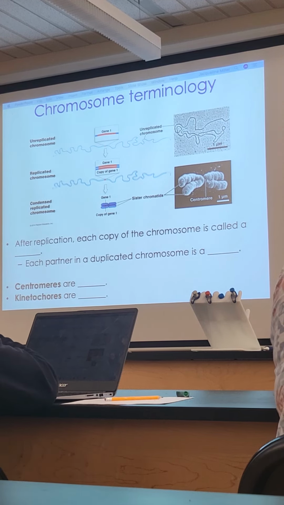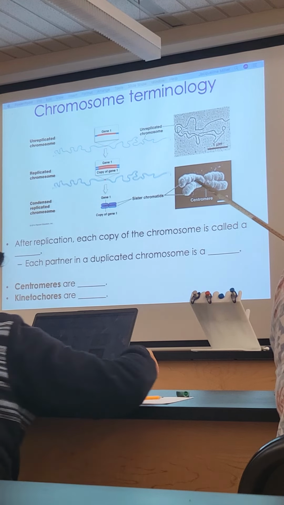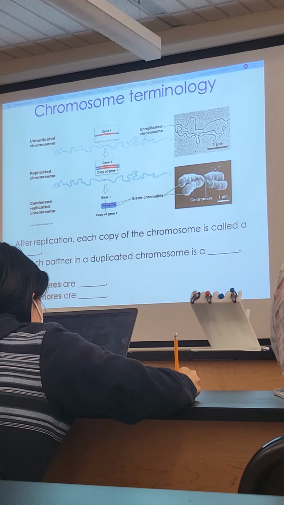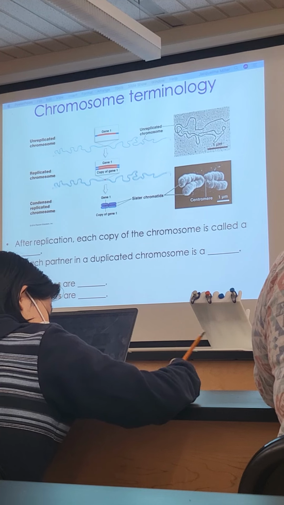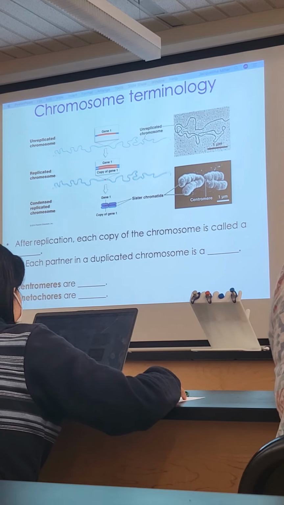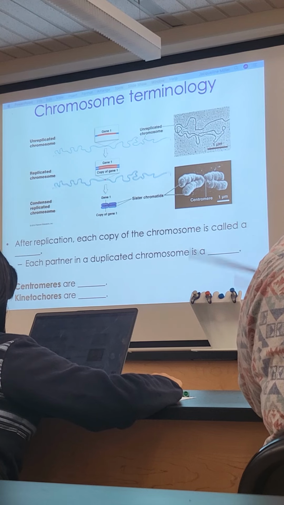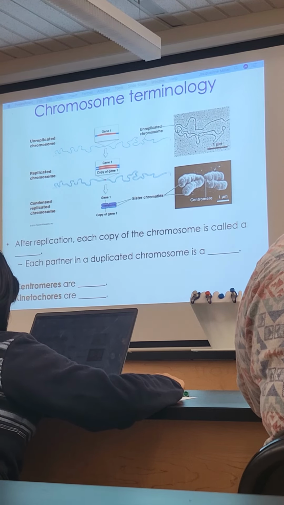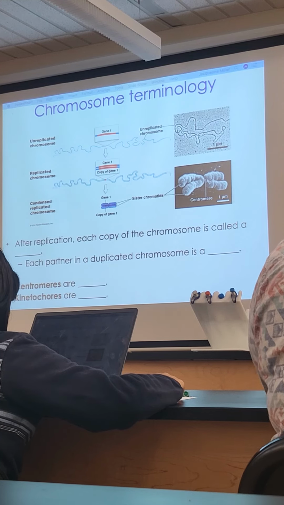So make sure that you make a note. This has 2 centromeres. So for the definition, we could say it's a region of DNA, typically at the center of the chromosome, but they can actually be found on either side as well. And this is the site at which the kinetochore attaches, and then we'll define what a kinetochore is.